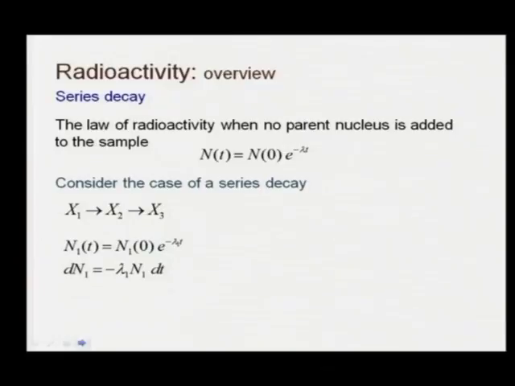So, you just leave it there. What happens? x1 will decay into x2. This follows the radioactive exponential rule that we spelt out earlier. N1 at some time t is equal to N1 at t equal to 0 times exponential minus lambda 1 t, correct. And the number of decays that happen in dt time interval is dN1 equal to minus lambda 1 N1 dt.